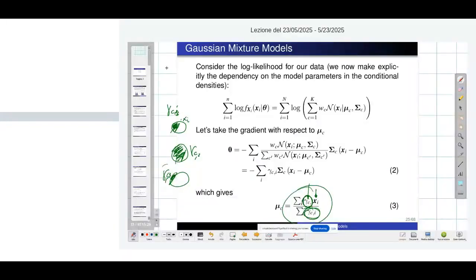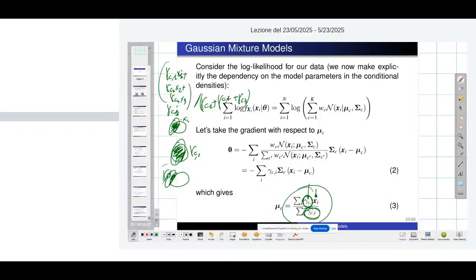It means that my solution will be gamma c1 x1 plus gamma c2 x2 plus gamma c3 x3 divided by what? Divided by the amount of samples that have been assigned to cluster 3. But what are these amounts? They are the sum of the fractions of the samples. So divided by gamma c1 plus gamma c2 plus gamma c3.